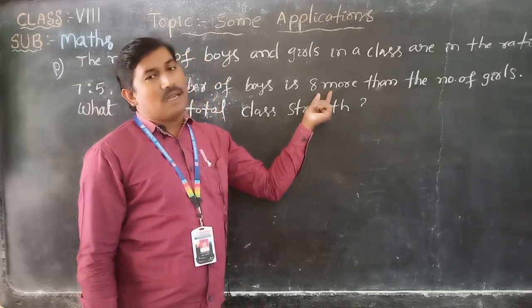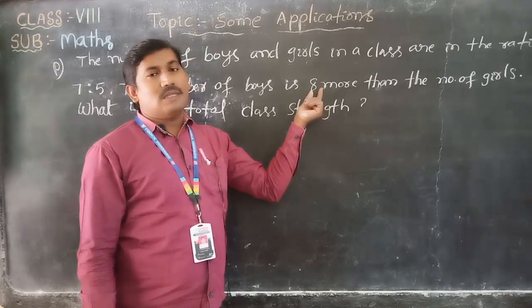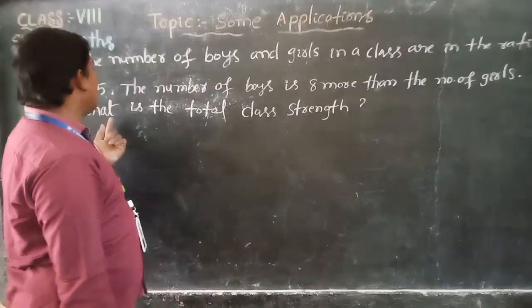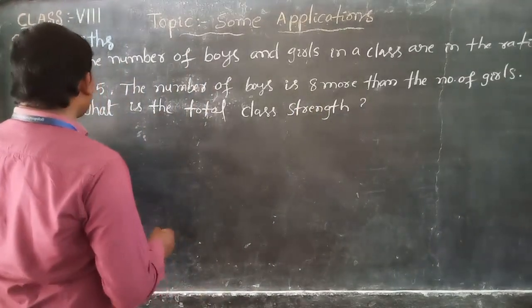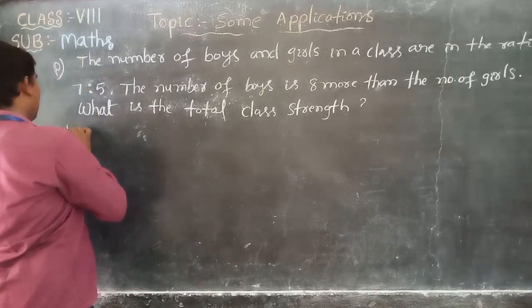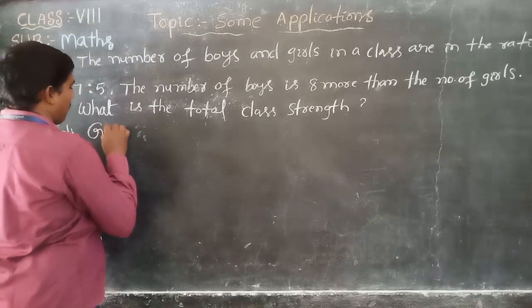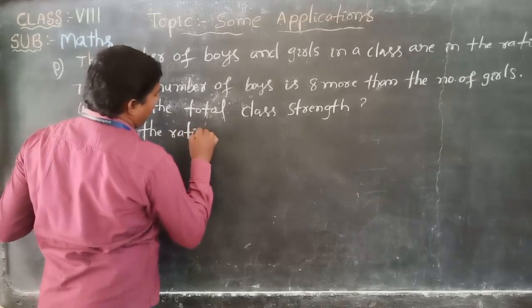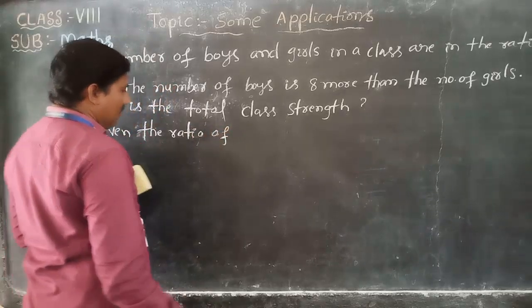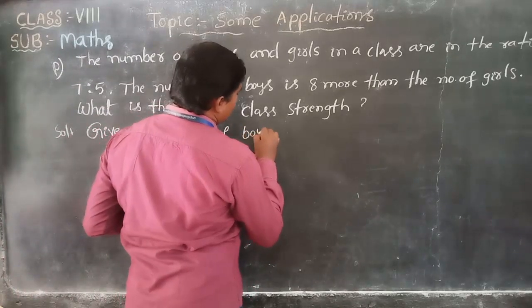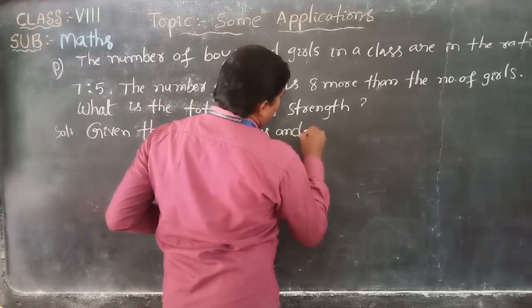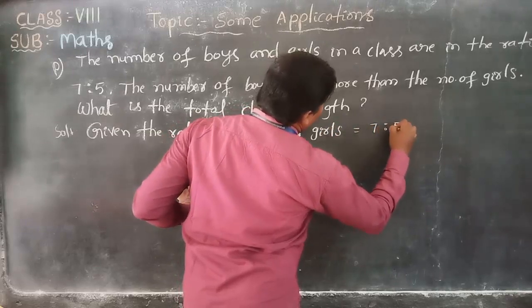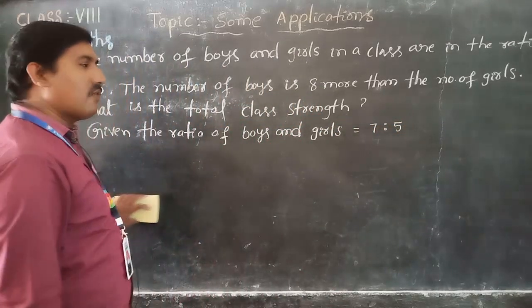Then we should find total strength. Given the ratio of boys and girls is 7:5.